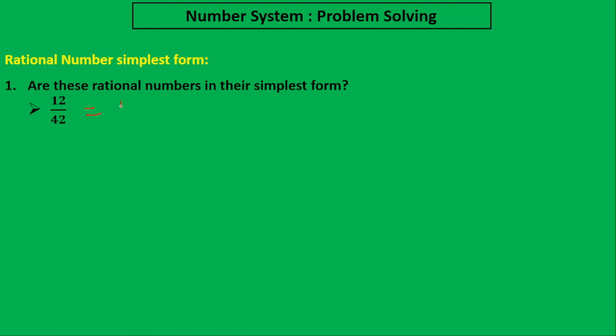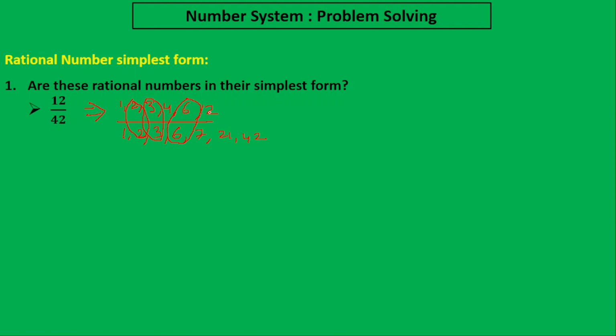So 12 factors are 1, 2, 3, 4, 6 and 12. 42 factors are 1, 2, 3, 6, 7, 14 also, 21 also. 14 I missed. Okay. So 2, 3, more than 1 common factor. 1 is already there. So these two are not coprime numbers.